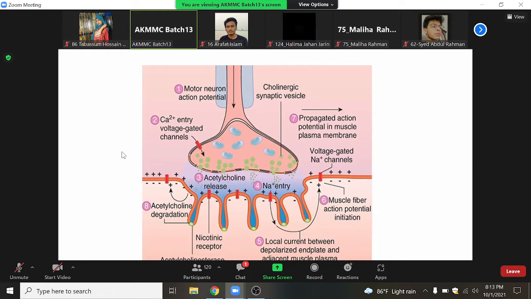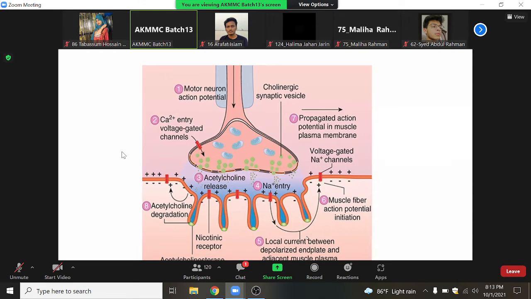Muscle fiber action potential then initiates, and this initiates propagation of action potential in the plasma membrane, which will ultimately cause the contraction of the muscle fiber, excitation and contraction of the muscle fiber.